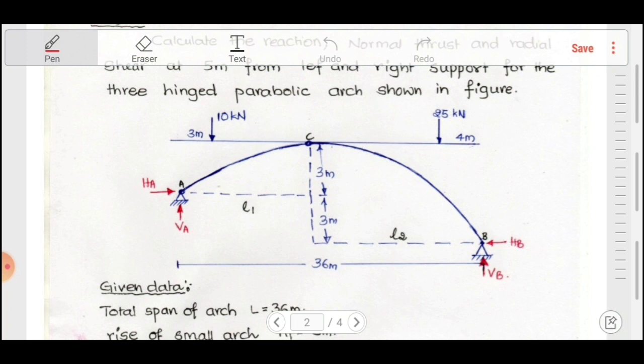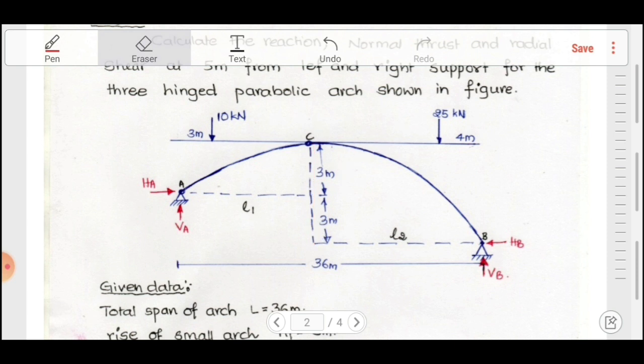One is 10 kilonewton, which is 3 meter from left support, and 25 kilonewton, which is 4 meter from right support. So AC is a smaller arch, whereas BC is a larger arch. Here you can see the height of the smaller arch is 3, whereas the height of the larger arch is from this point to this point, that is 6 meter.